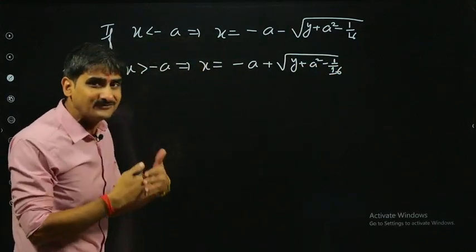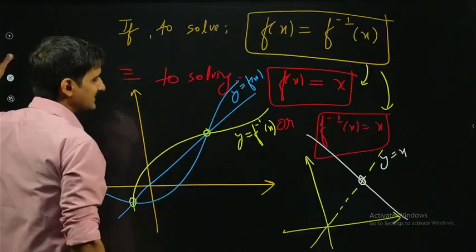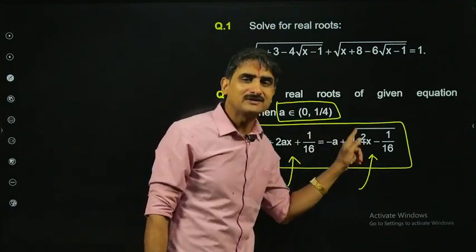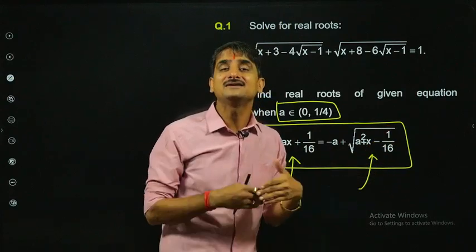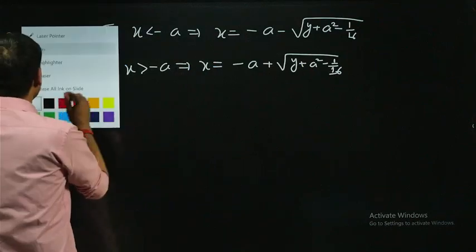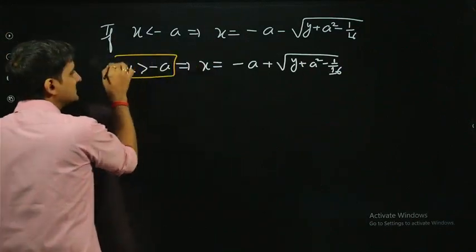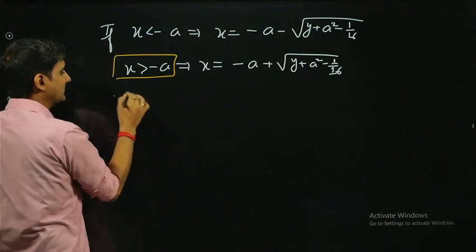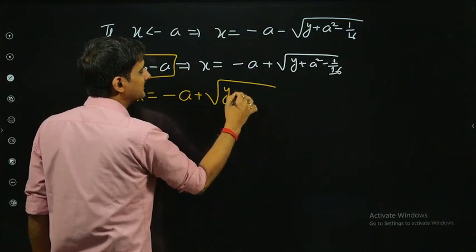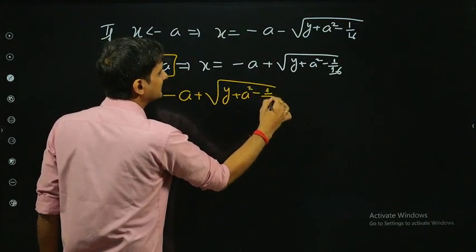Now which one do we have? Let's go back to the question. It says minus a plus, so that means we are here. So that's the condition which we need. Therefore x is minus a plus under root of y plus a square minus 1 by 16.